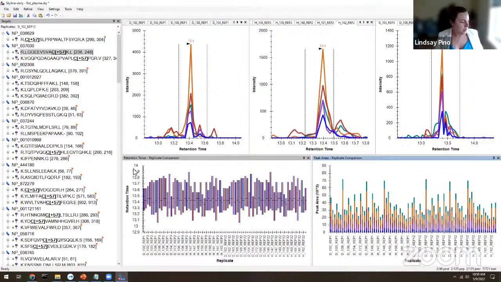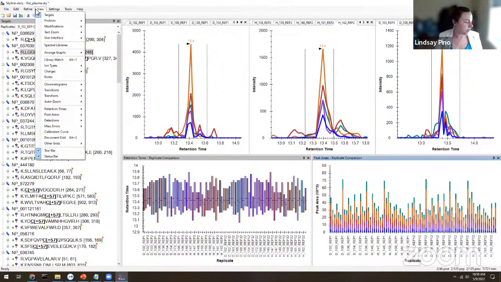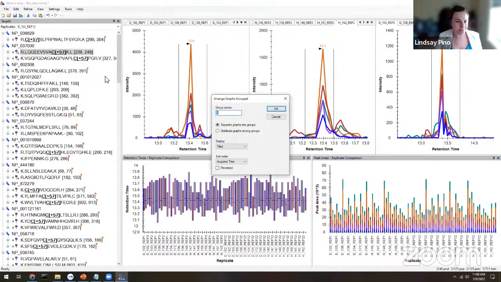Okay. Now your window should look maybe something like this. Now for our chromatograms, we're going to do view, arrange graphs, grouped. So view, arrange graphs, grouped. We're going to group these in 3.